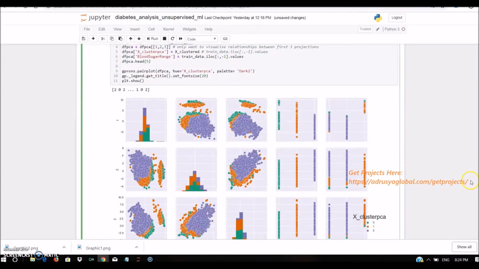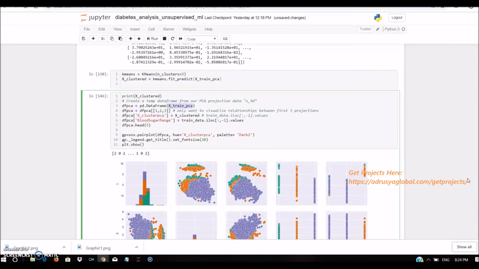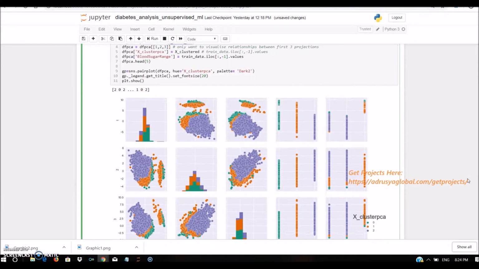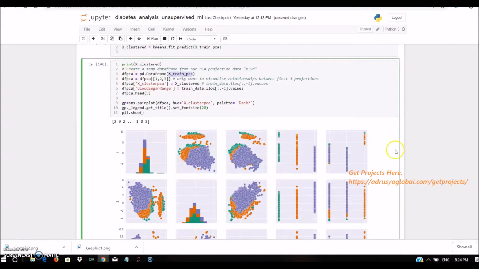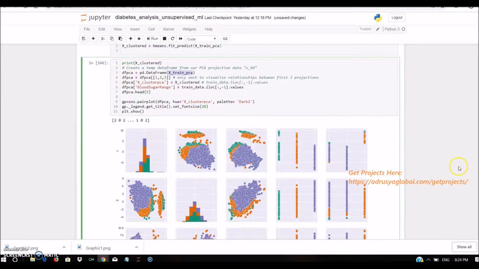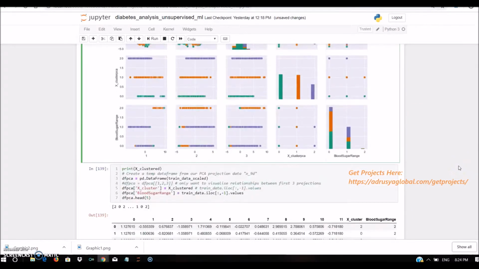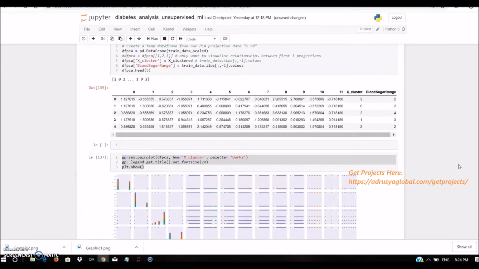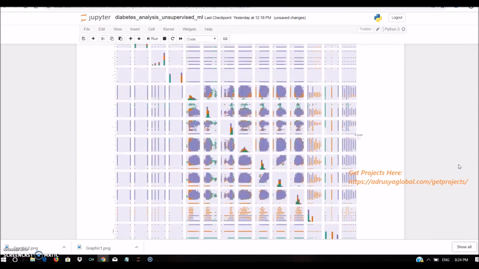After applying the k-means, we plotted the graph, and here these are the clusters for just 3 components. If you would like to see the clusters for all the 10 components, we have expanded it, and this is the cluster for all the 10 components.